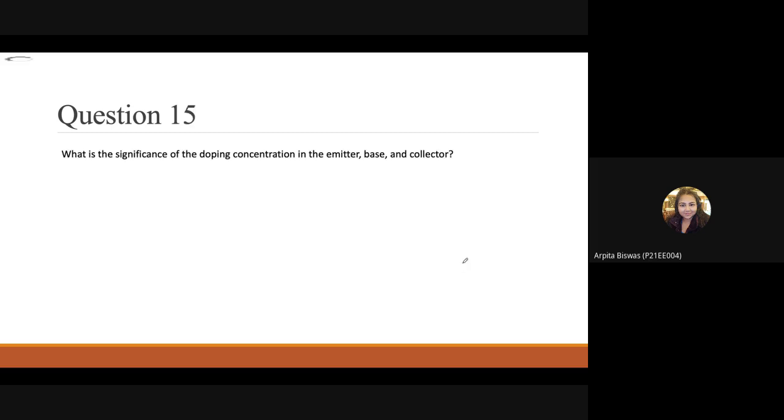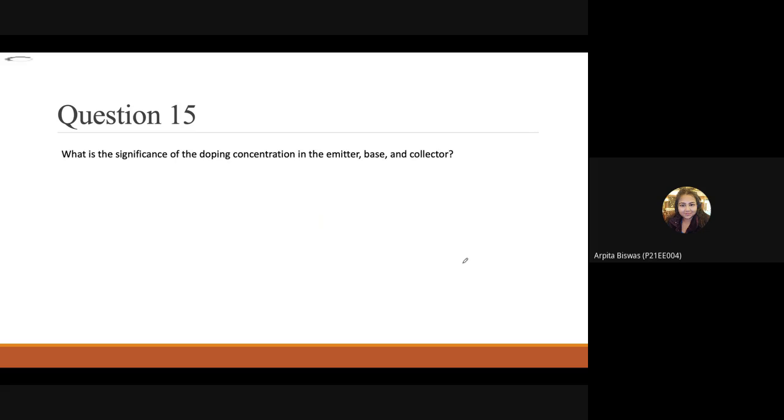So next question. What is the significance of the doping concentration in emitter, base, and collector? Tell me what is the significance. I think we discussed in the first or second question that it is asymmetric in the doping and also asymmetric in the area or structure.